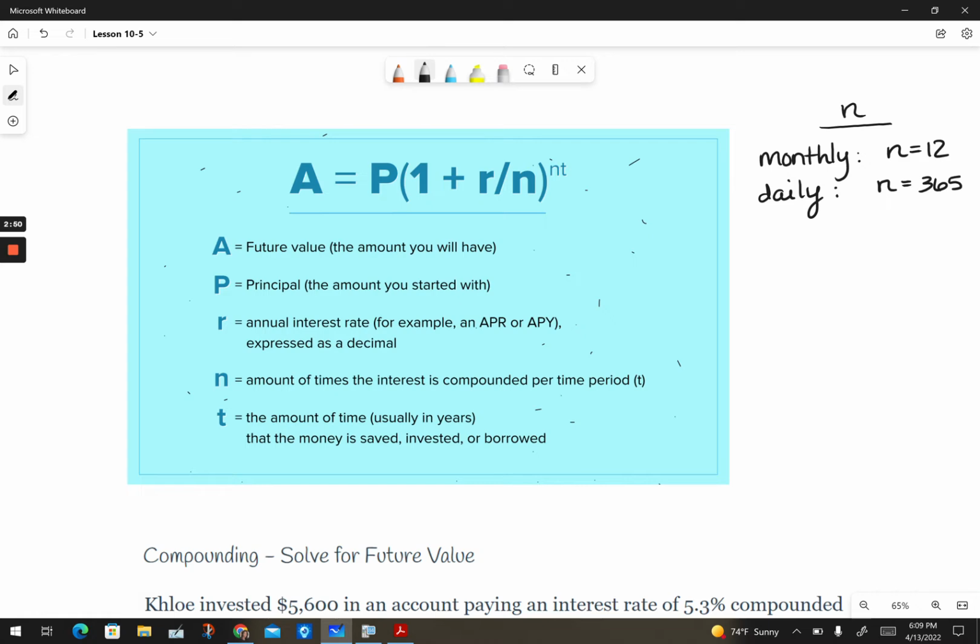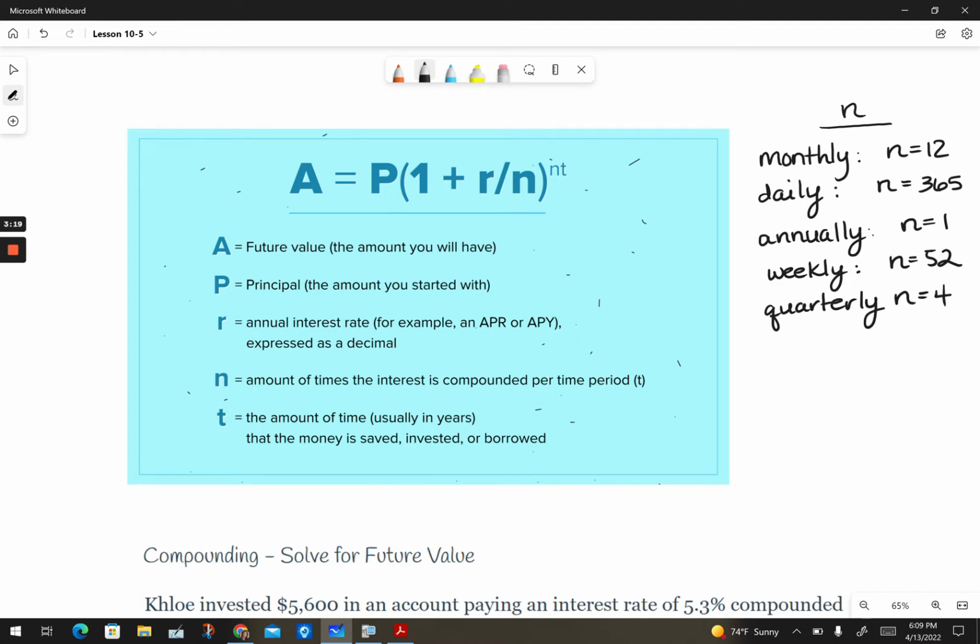We also see the word annually. Here are just a few. Hopefully you're starting to see the trend of how this works. Oh yeah, they love quarterly. For quarterly, your N value is going to be 4.